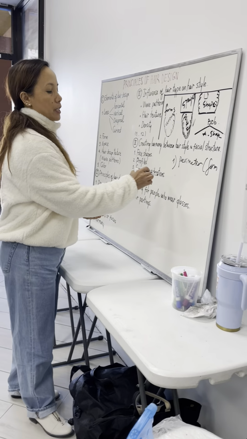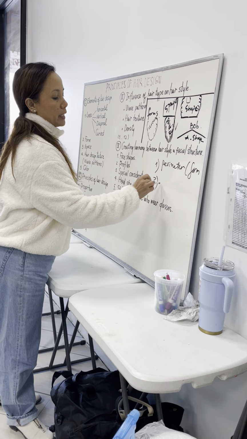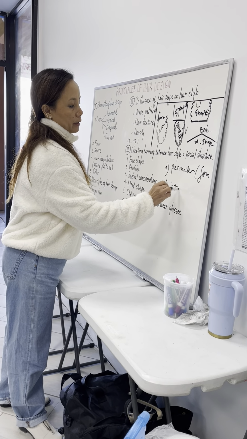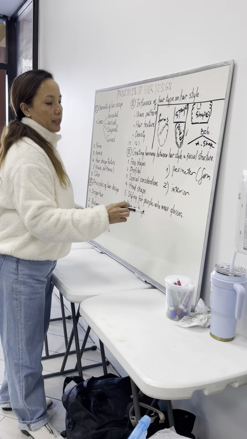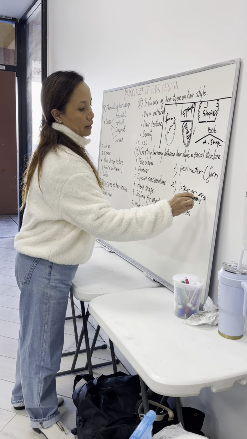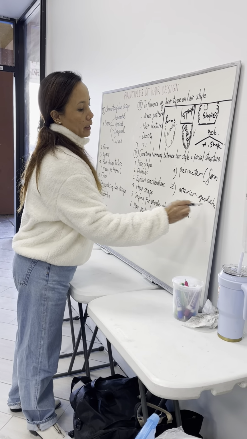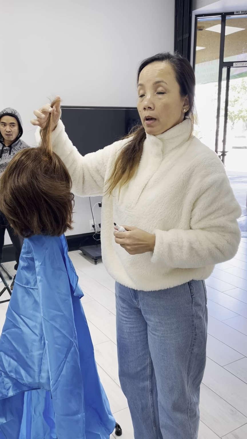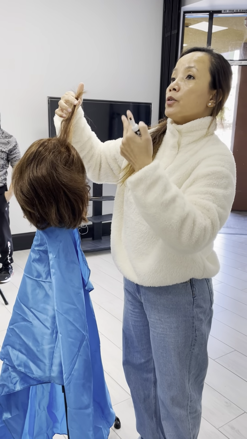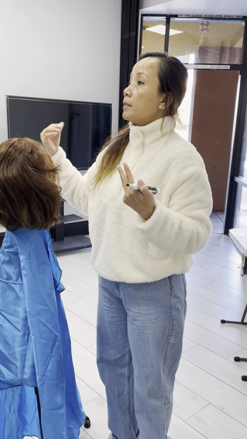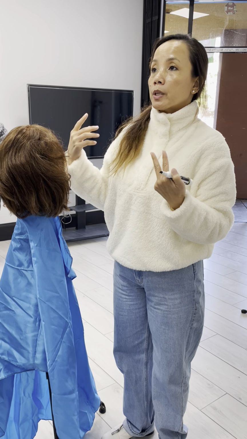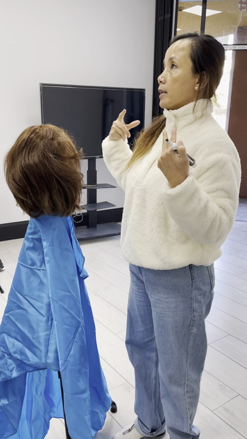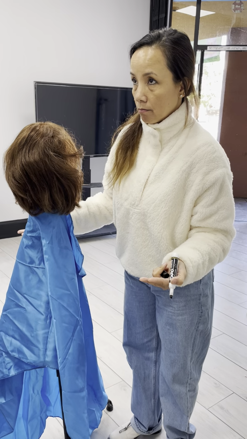And then next one we've got interior guideline. Interior guideline means, hey, how short do you want on the top? How much layer do you want? You want medium layer? You want short layer? Or you want less layer?